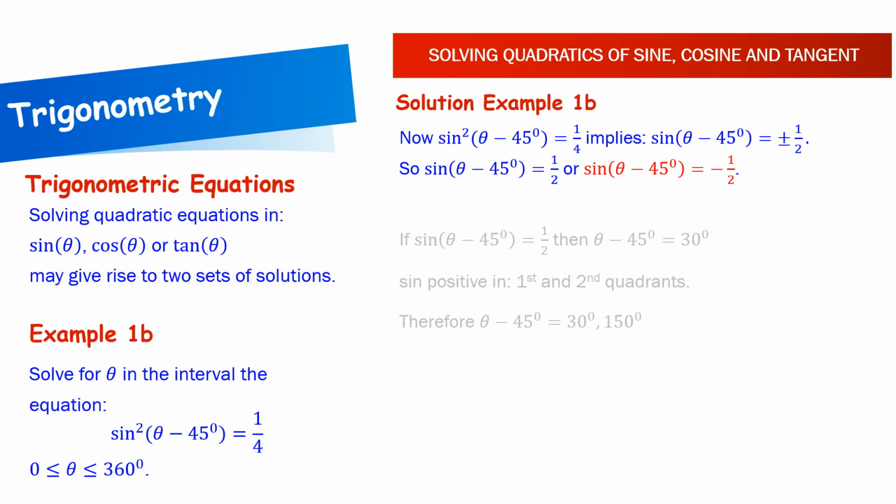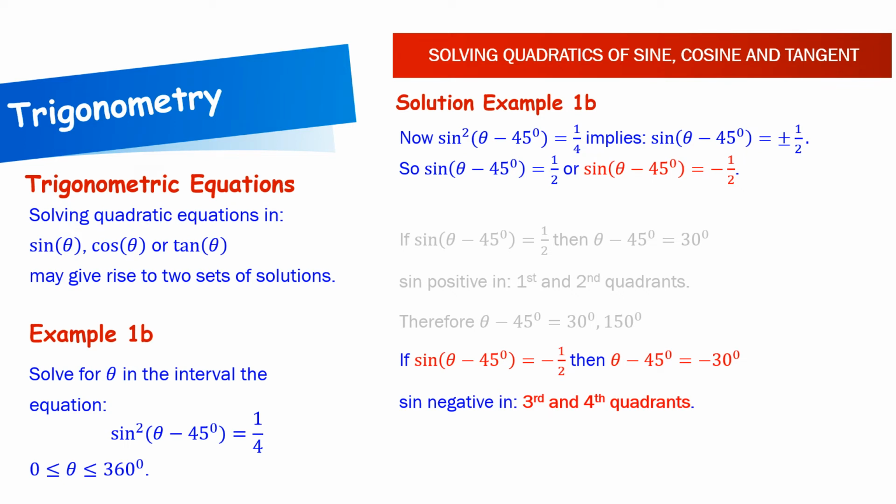Now let's find the other solutions. If sine of theta minus 45 degrees equals minus a half, then theta minus 45 degrees equals minus 30 degrees. And sine, remember, is negative in the third and fourth quadrants. We can see this from the CAST diagram.